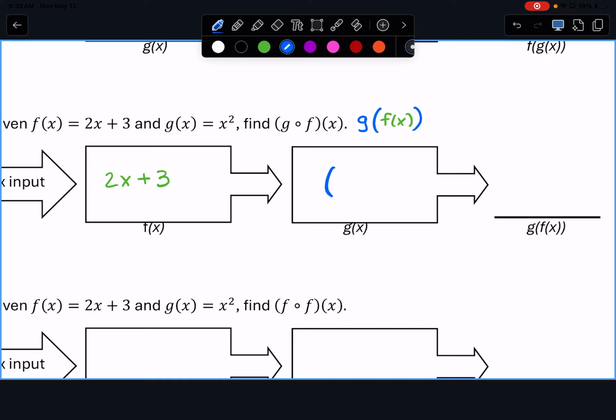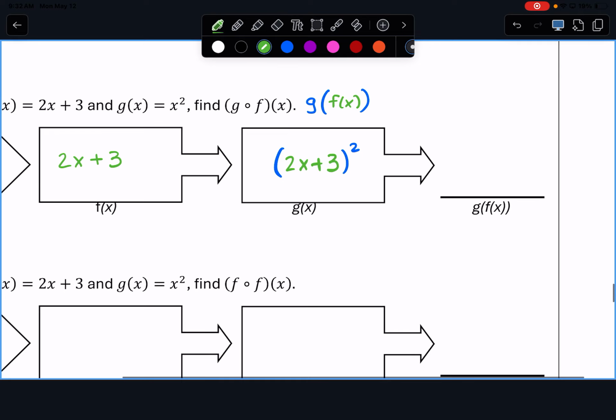So we just do x squared. What am I plugging in? 2x plus 3. I'm not going to make us distribute the whole thing out. We just get 2x plus 3 squared. All we are doing is just plugging in.